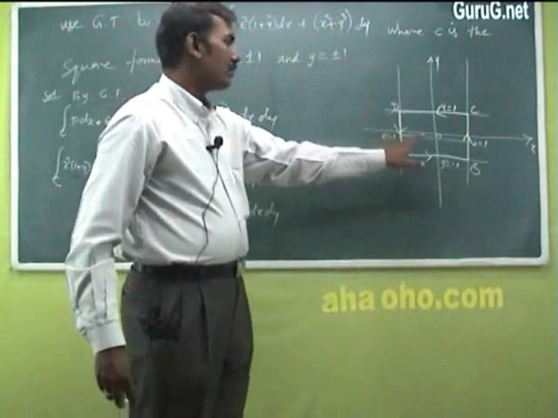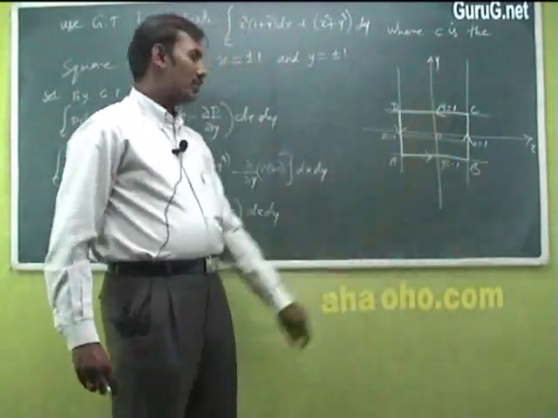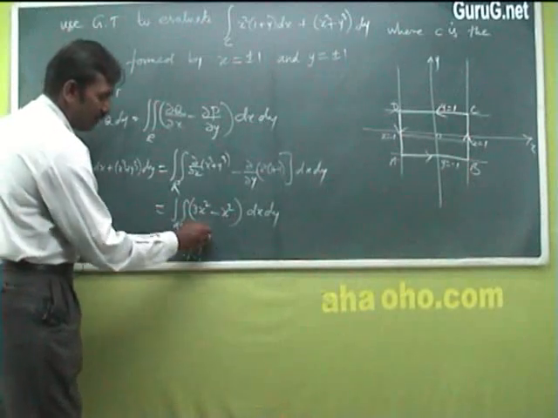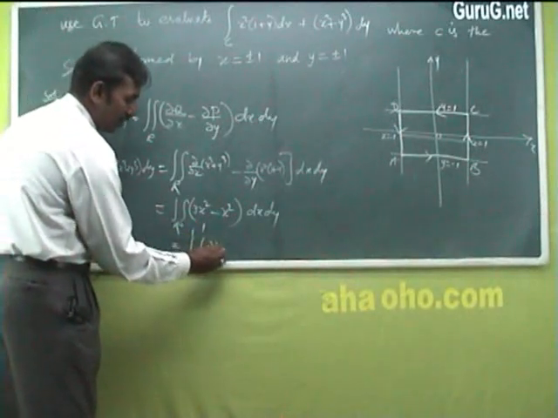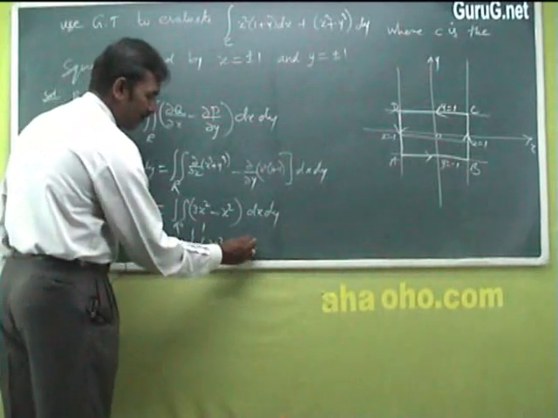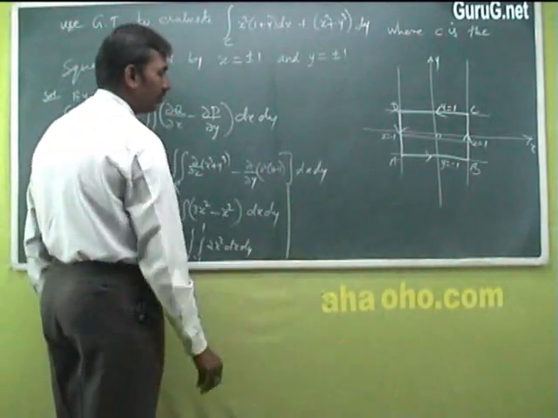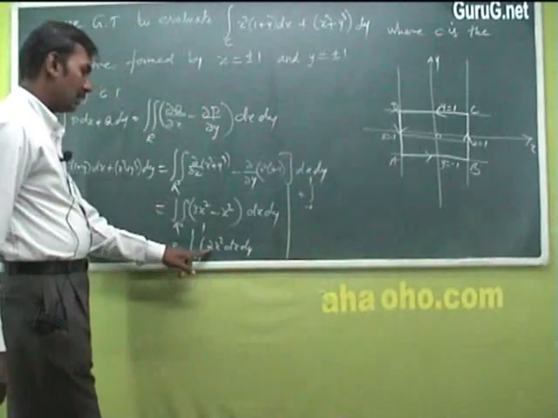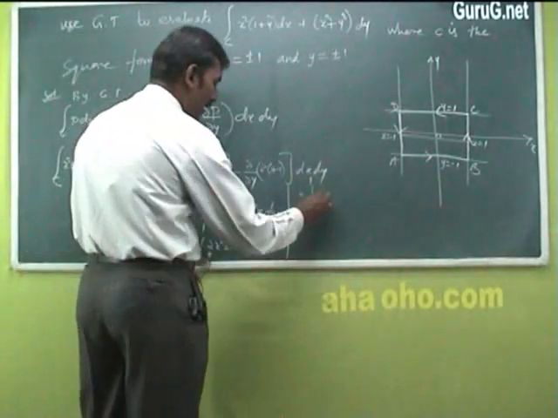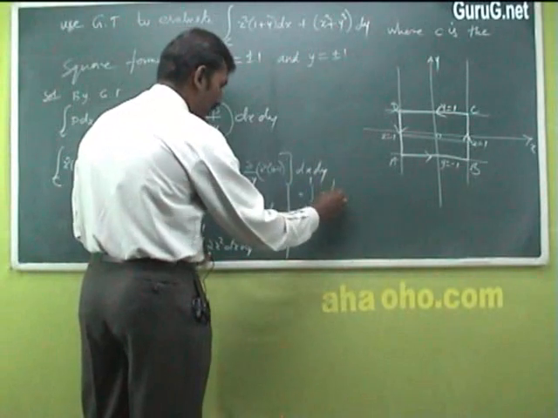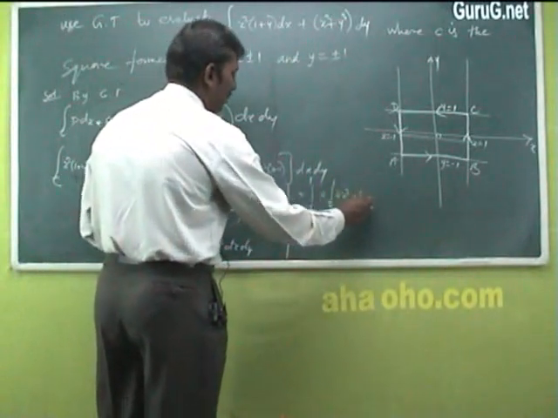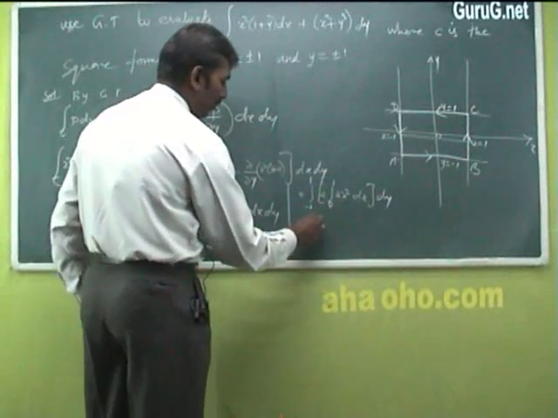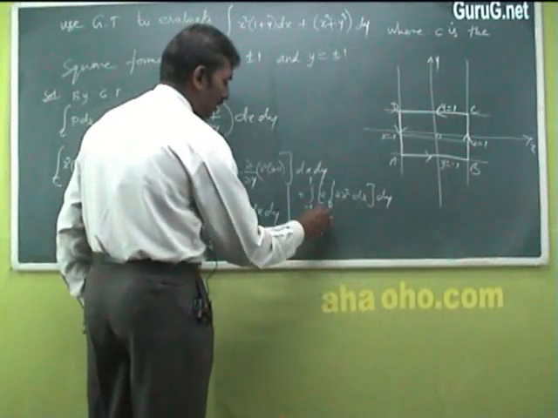So minus 1 to 1, minus 1 to 1, 2x squared dx dy. Integral minus 1 to 1, this is an even function, so I can write 2 times 0 to 1 of 2x squared dx into dy. So I get 4 into minus 1 to 1.